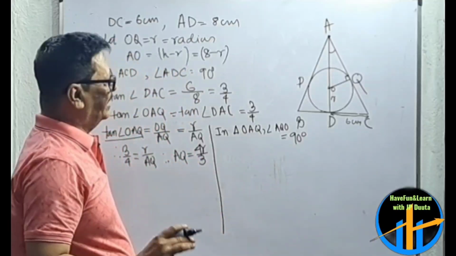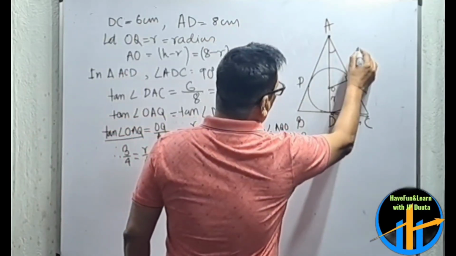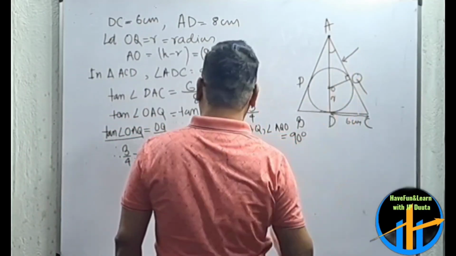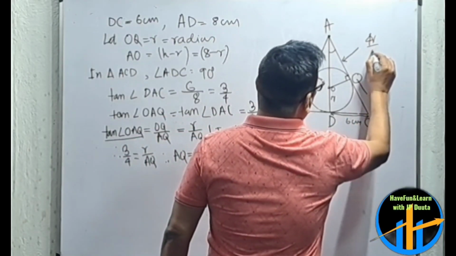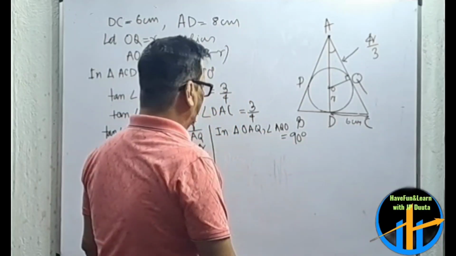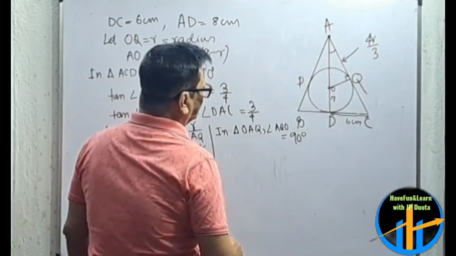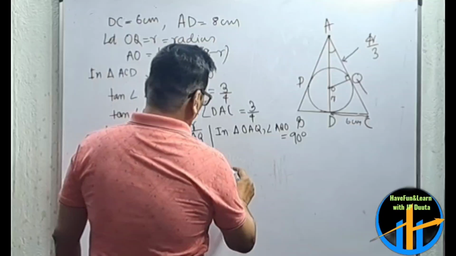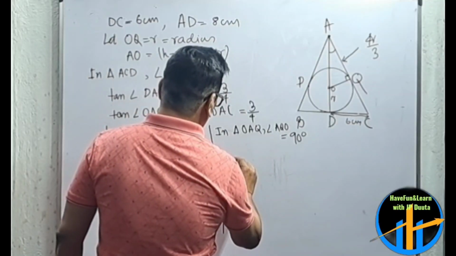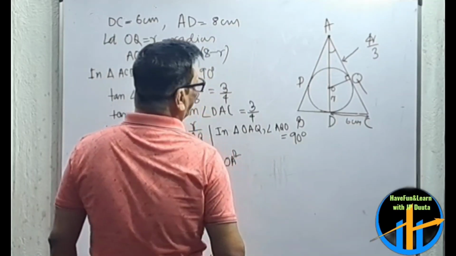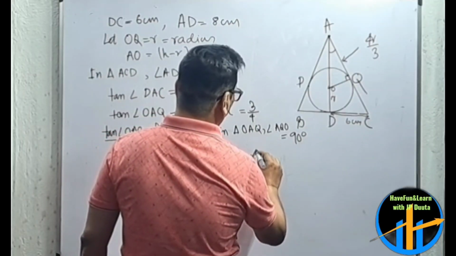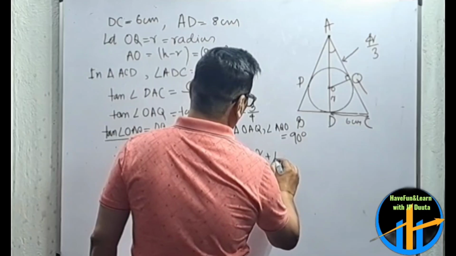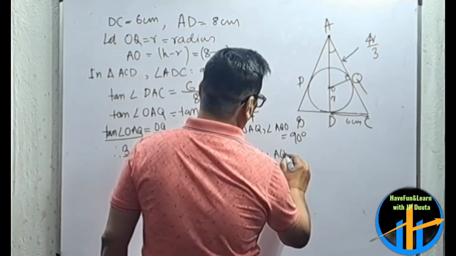So we can apply Pythagoras. We got this value as 4R by 3. Right? Now if we apply Pythagoras, we see that OA square is equal to OQ square plus AQ square.